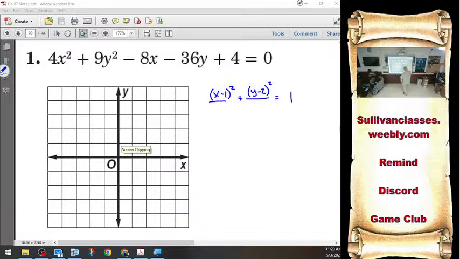Divided by 4 is 36. 9 and 36, 4 and 36. So you get x minus 1 squared.